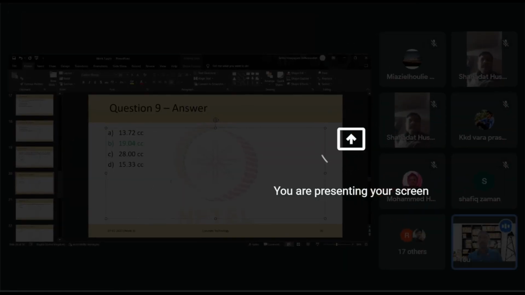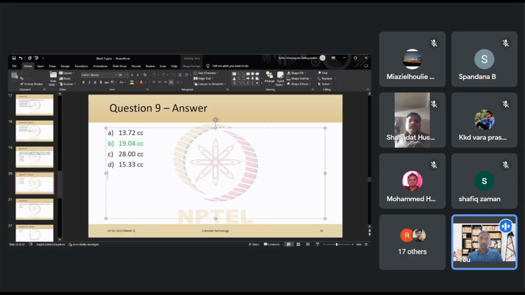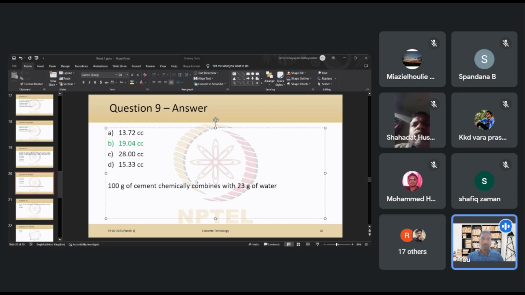All right. So what is given to us? We are told that 100 grams of cement chemically combines with 23 grams of water, right? So this is what is given to us. So what happens when 100 grams chemically combines with 23 grams?